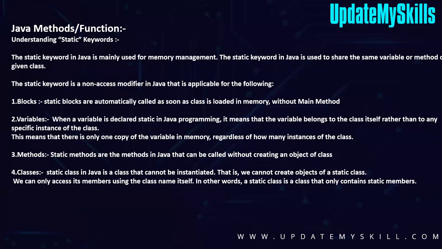Do you know the difference between a class variable and an instance variable? An instance variable means every object has its own copy of the variable. Suppose a string employee name in an Employee class. I create object1 dot employee name equal to Sham, object2 dot employee name equal to Sonia, object3 dot employee name equal to Kalyan.